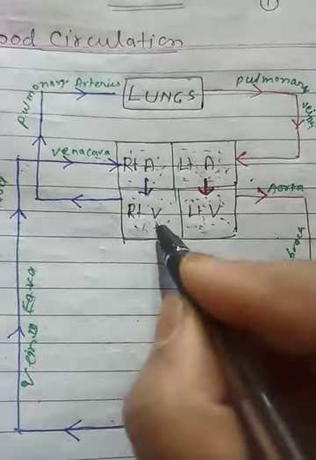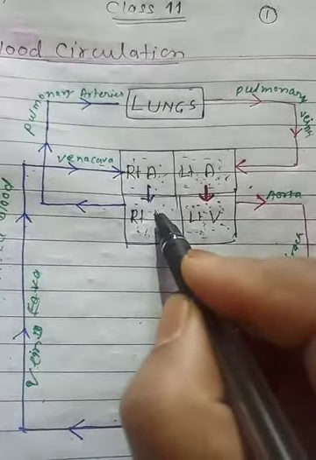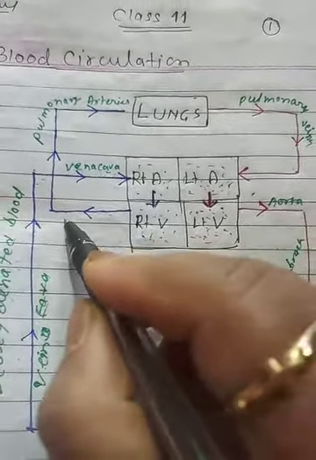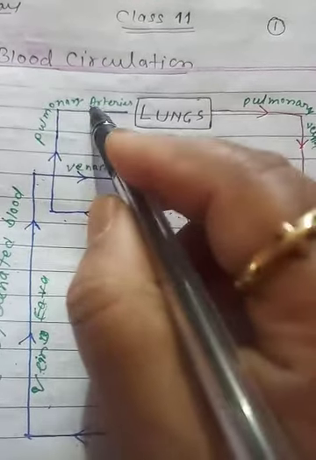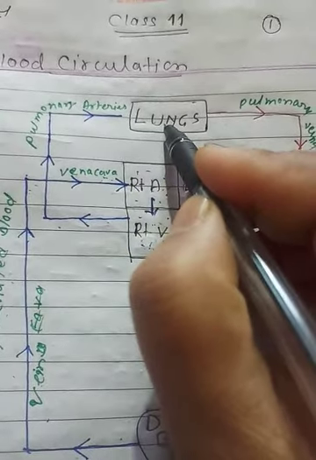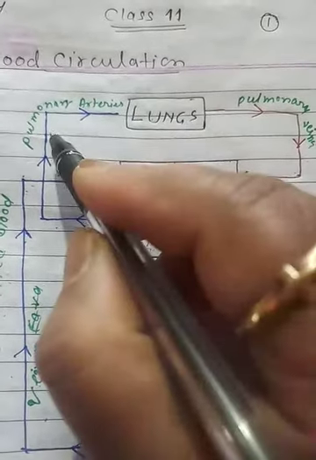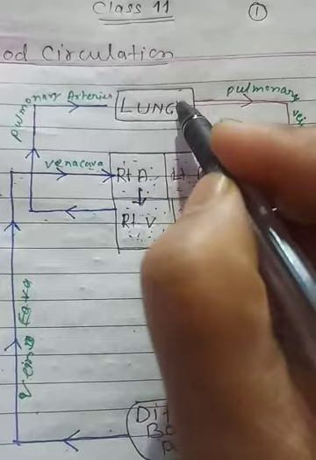From right ventricle, deoxygenated blood enters into pulmonary arteries, and pulmonary arteries bring the blood into the lungs. Right pulmonary artery into right lung and left pulmonary artery into left lung for oxygenation.